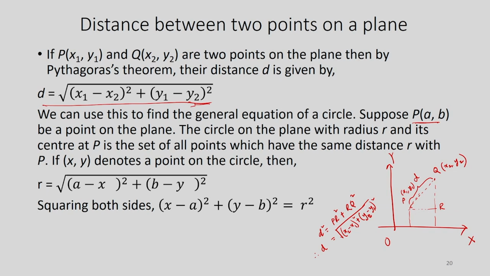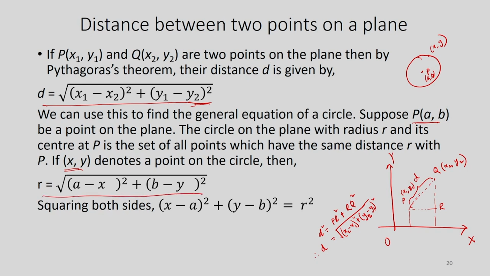So, if I take (x, y) to be any point on the edge of the circle, and here you have the center (a, b), then the distance between (a, b) and (x, y) should always be equal to the radius. So, that is what I have written.